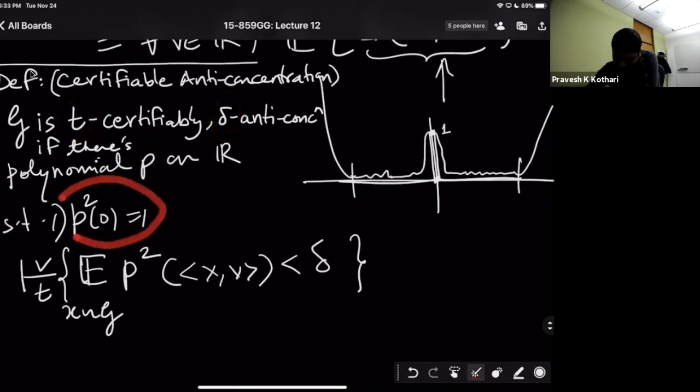is 1 at 0. Okay, and first of all, read this statement without sum of squares, because I kind of merged two things.